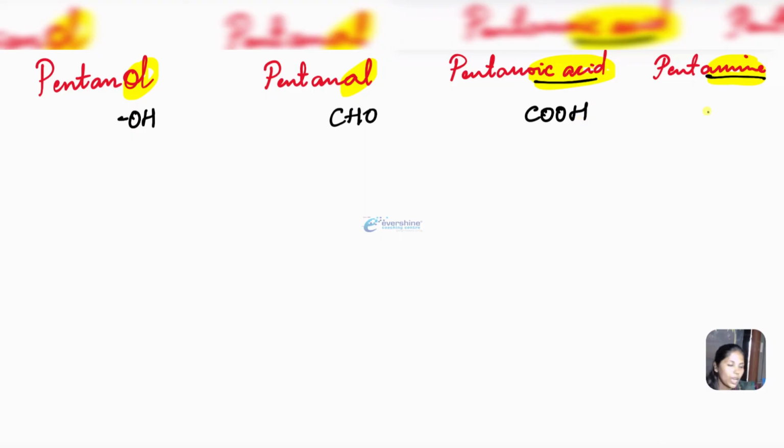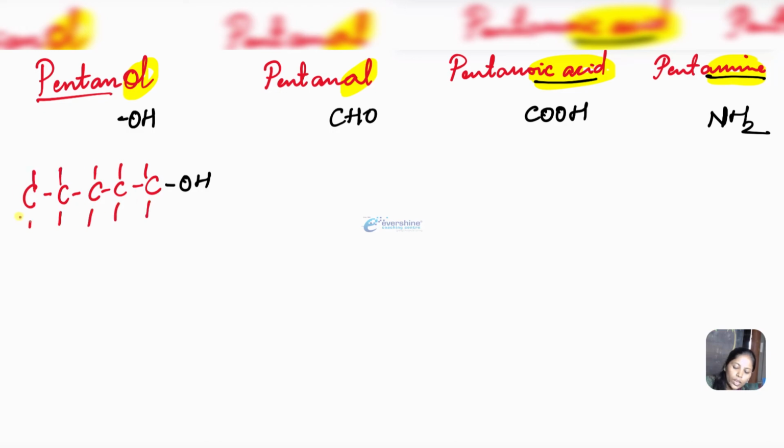So let us write the structure. Here pent means how many carbon? 1, 2, 3, 4, 5 carbon, and at the end you should write what functional group? OH functional group. So like this you can write the structure of pentanol. OL is there means you should write OH.